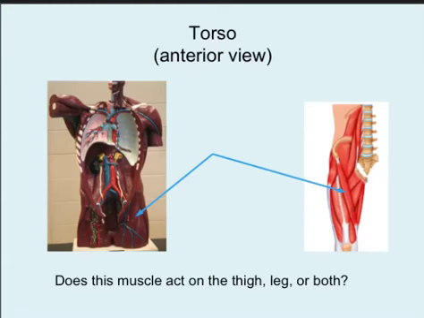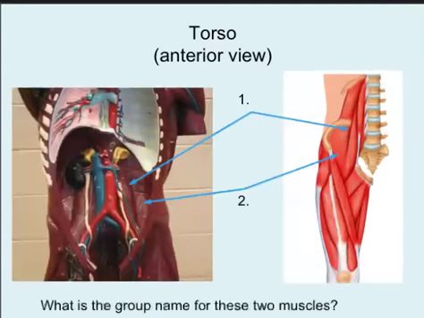Well, first of all, what is this muscle? This is the sartorius, and it flexes, abducts, and laterally rotates the thigh. It also helps flex the leg at the knee. So, thigh or leg, it can do both.